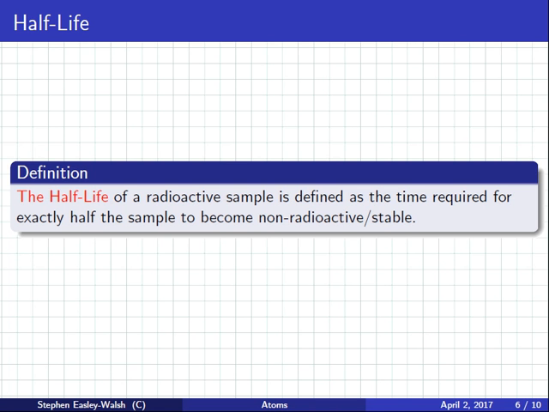So, for example, uranium will ultimately perhaps decay into lead. If you have a kilogram of uranium, how long until half of it is uranium and half of it is some stable material like lead? And then that atom that was emitting all these alpha, beta, and gamma, it would just stop.